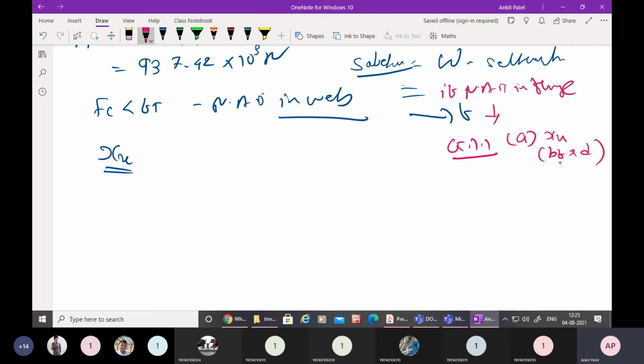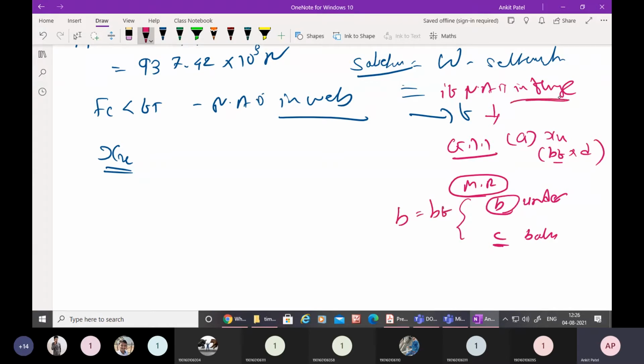So where B is there, you need to replace B with BF only. That we have covered in the previous lecture. Then if you want to find the moment of resistance, you need to use equation B or C. For a balanced section you need to use C, and for an under reinforced section you need to use equation B to calculate the value of moment of resistance. But remember this, where B is there you have to replace it with BF only. Clear? So this is the matter when neutral axis is in flange.